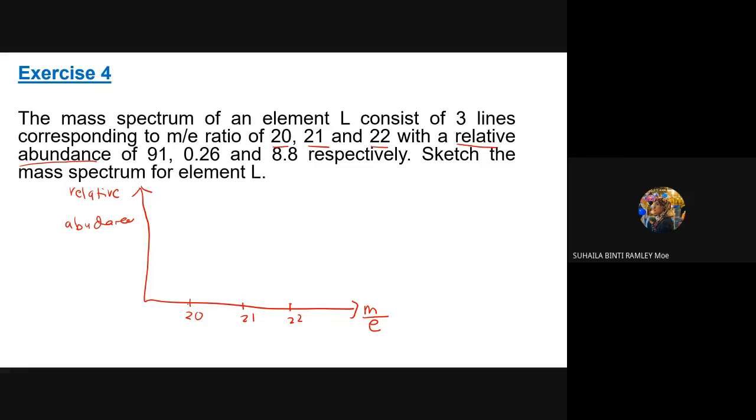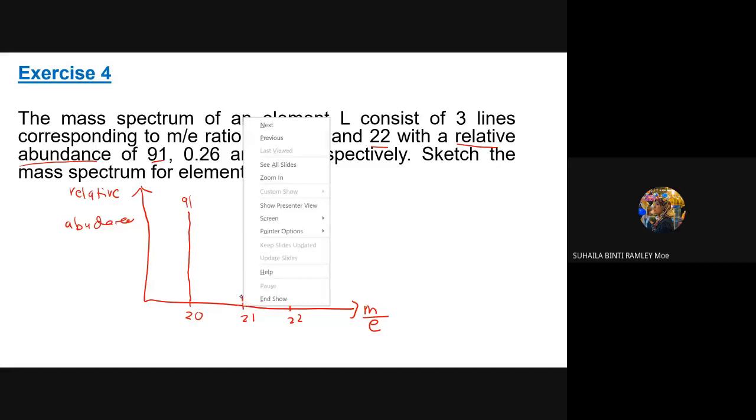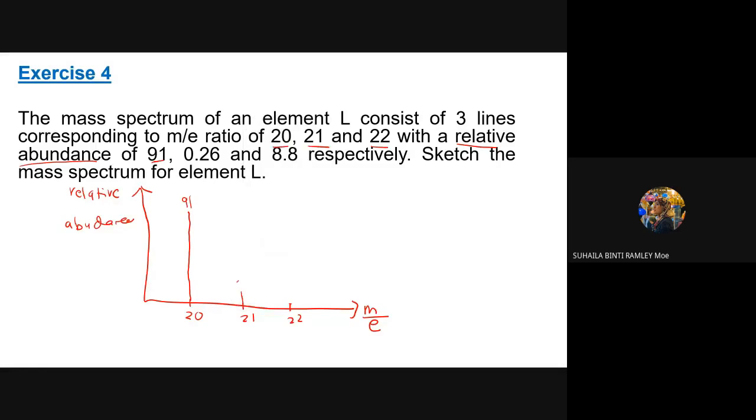So 20 relative abundance ialah 91. So 91 tinggi sikit. Bukan tinggi sikit, tinggi banyak. Saya letak sini 91. 21 0 point. So 0 point sikit dah. 0.26. So 22, 8.8. So ini je lah answer for question 4.